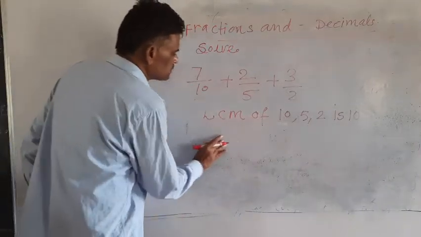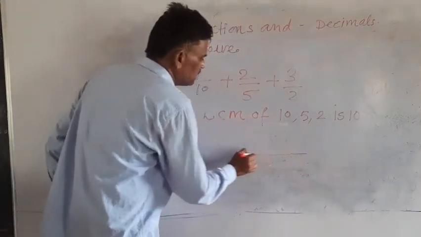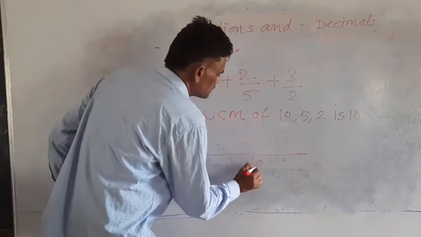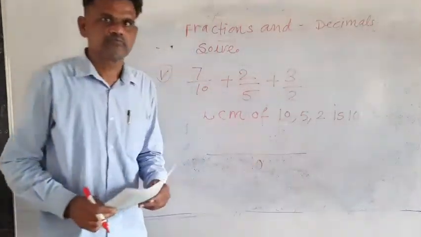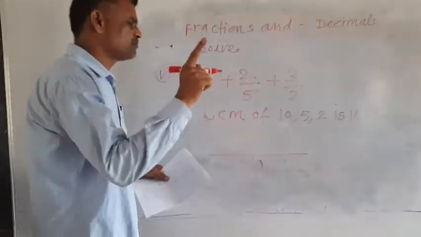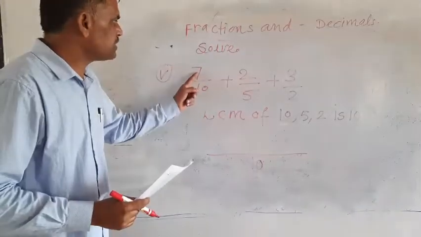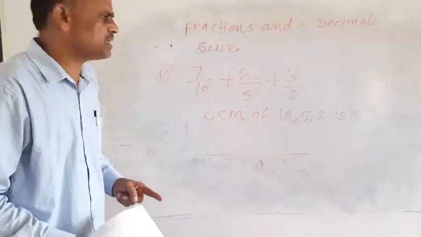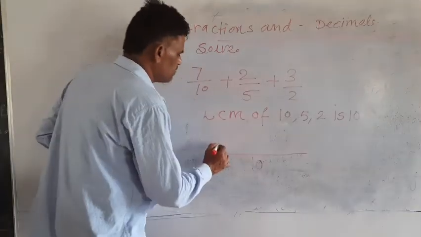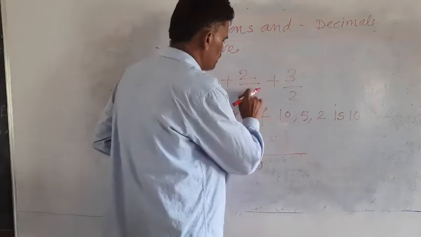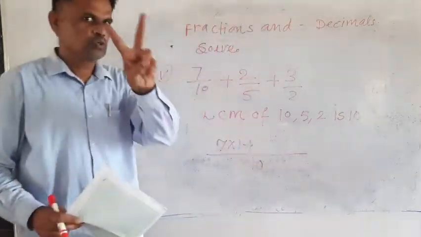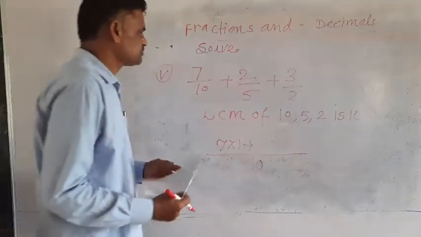Therefore, after taking the LCM here, 10. 10 ones are 10, the quotient is 1. When we multiply 7 by that quotient, we get 7 ones are 7. Next, 5 and 2 are 10, 2 is the quotient here.